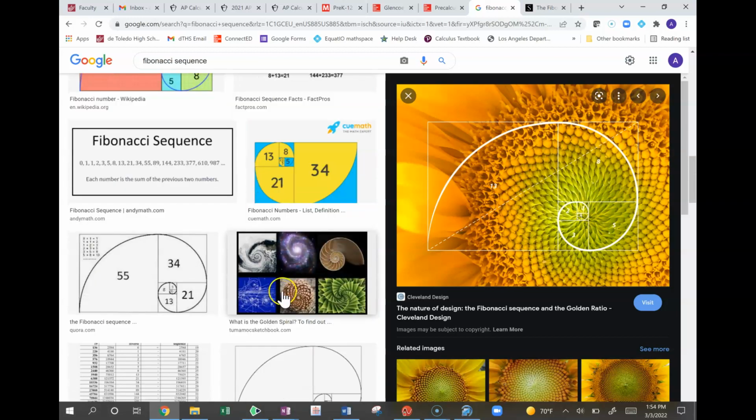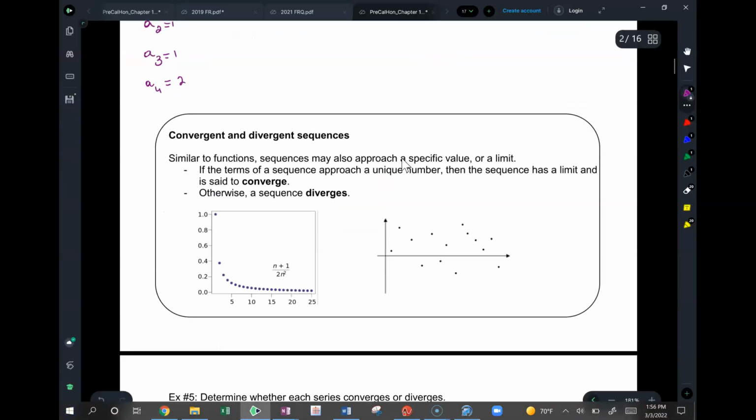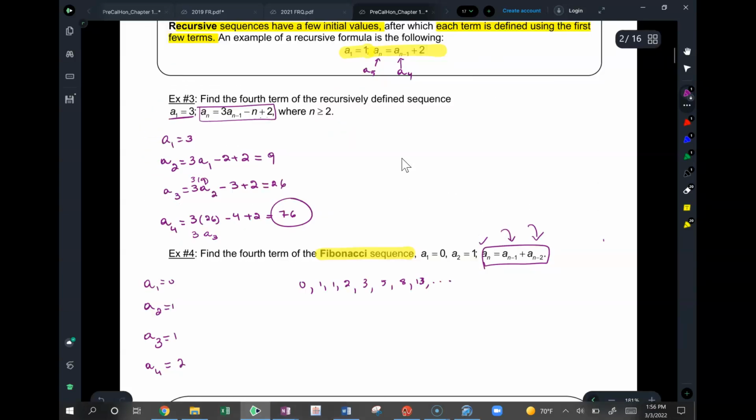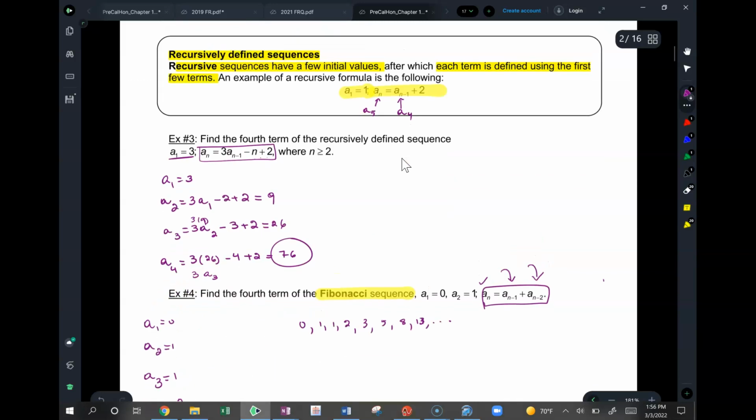So let's talk about convergent and divergent sequences. If you take the values in your sequence like this and you graph them, for example, the x-axis will be the n's, 1, 2, 3, 4, and the y-axis will be the values, 3, 9, 26, 76.